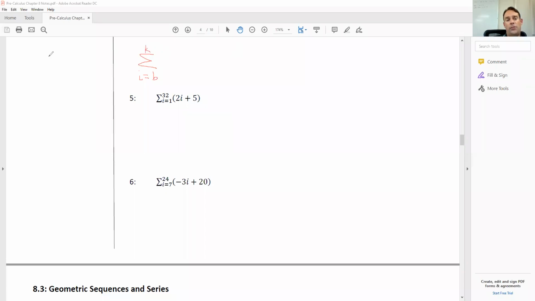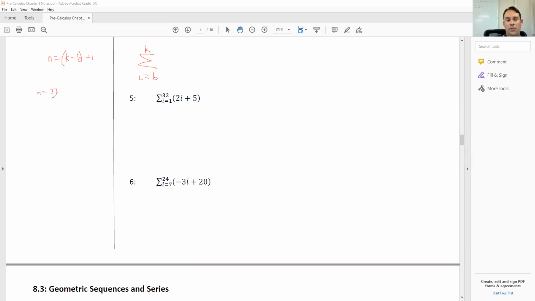Turns out the number of terms in a sequence is always going to be k minus b plus 1. Let me show you what I mean here on this next one, 32 minus 1. If you take 32 minus 1, we know that there's going to be 32 terms.